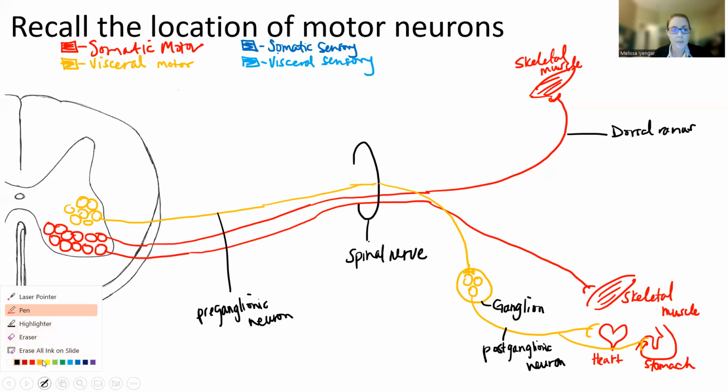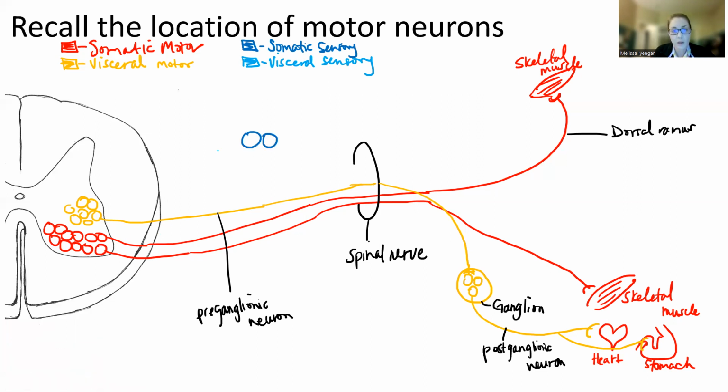Then we can finish this off by doing somatic sensory. So in sensory, what we're going to see is that we're going to have some cell bodies right about here for both our somatic and our visceral. Remember, that's our ganglion. So we're going to put that here, and this is our ganglion.